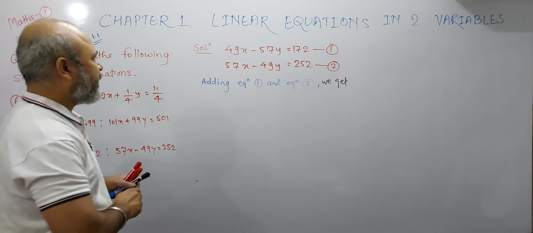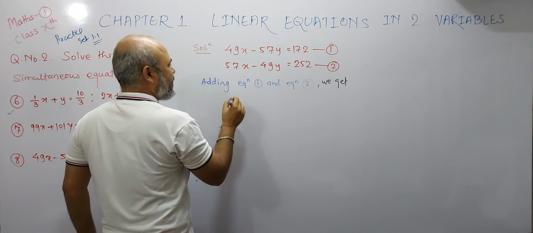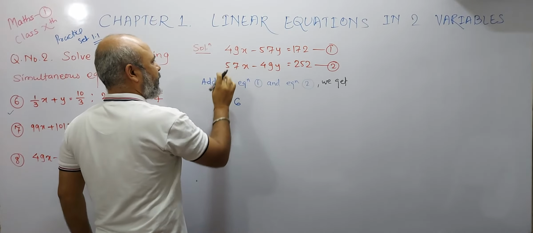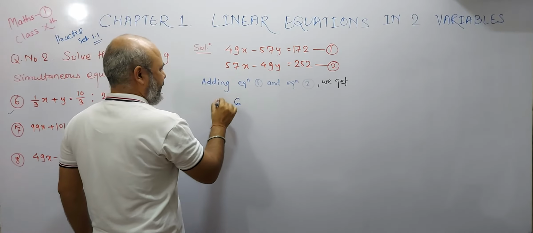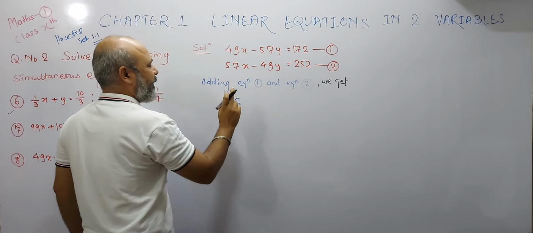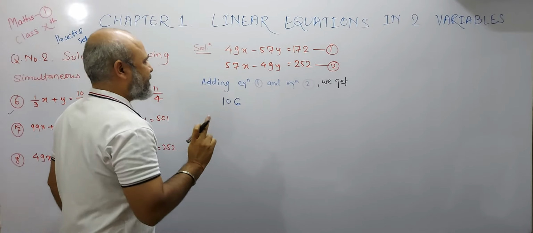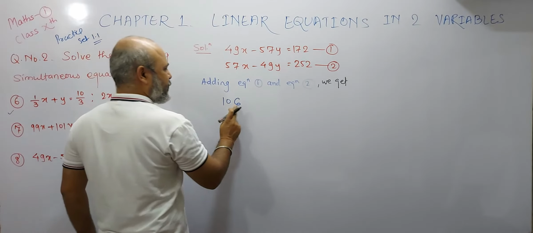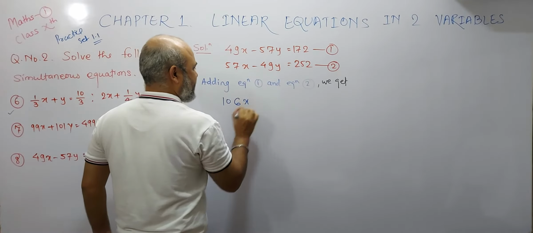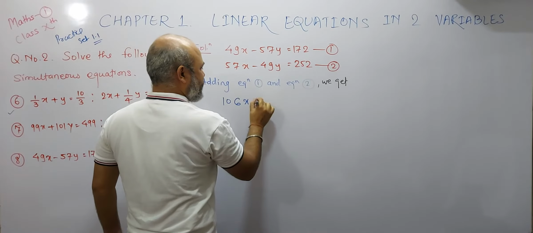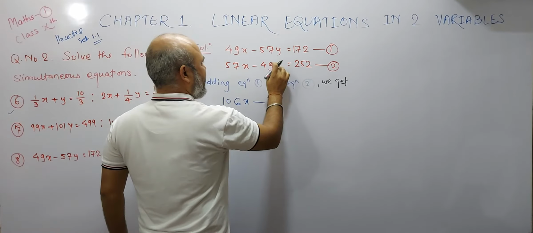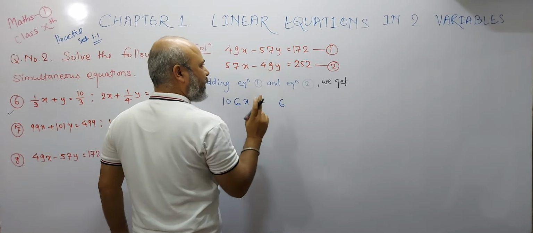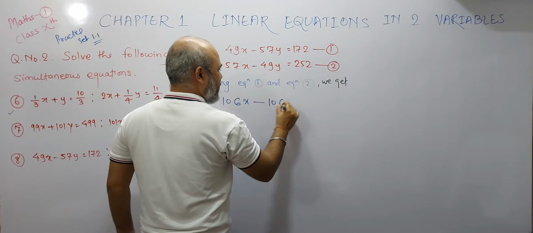So what you will get, student: 9 plus 7, 16, carry 1, 5 and 4 is 9 and 1 is 10, so 106x. Now both of these numbers are negative, so minus sign. 9 plus 7, 16, carry 1, 5 plus 4 is 9 and 1 is 10, 106y.